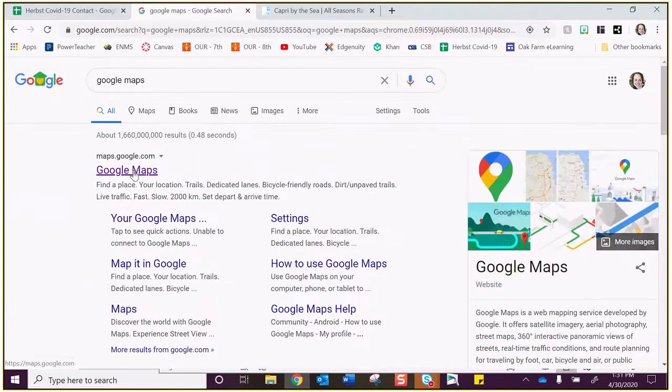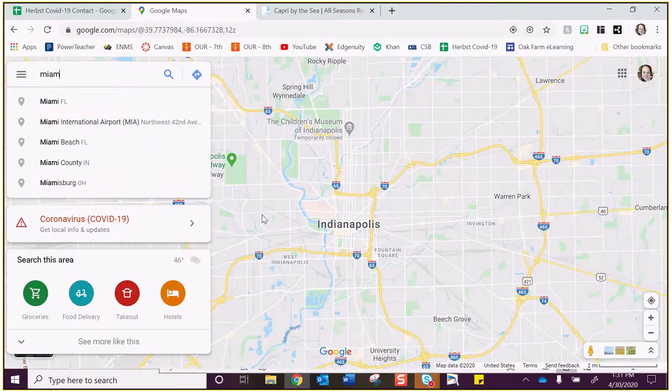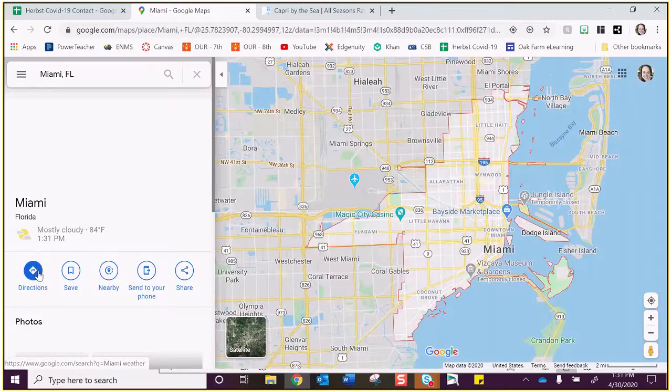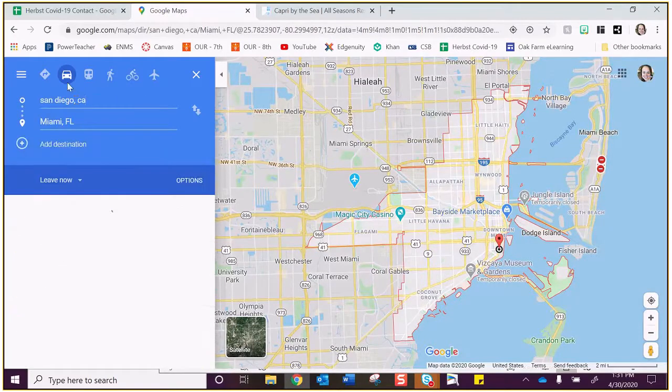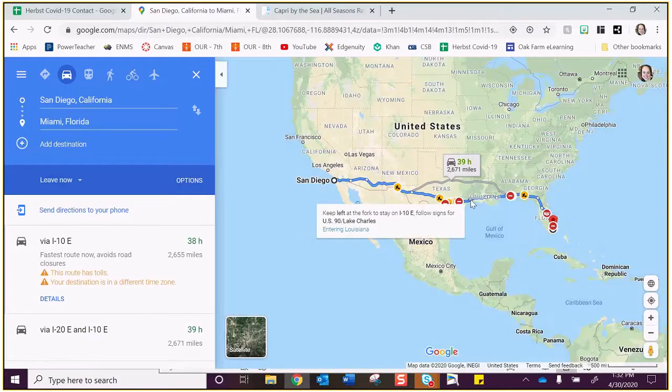That map is supposed to just keep reloading. Okay, Miami. And I want to get there from San Diego. So again, I'm just showing you a different route because look, this is 2,671 miles and you can't do all of that traveling in one day.